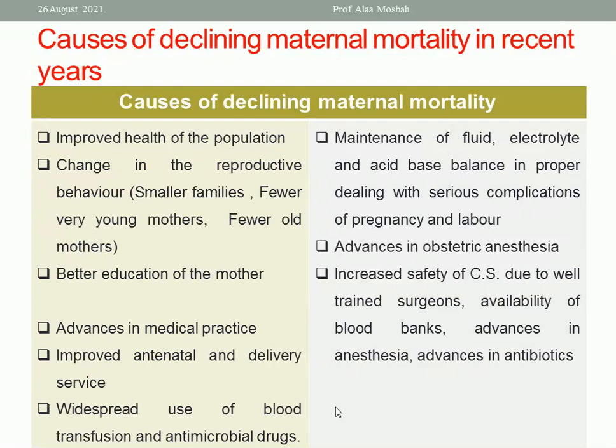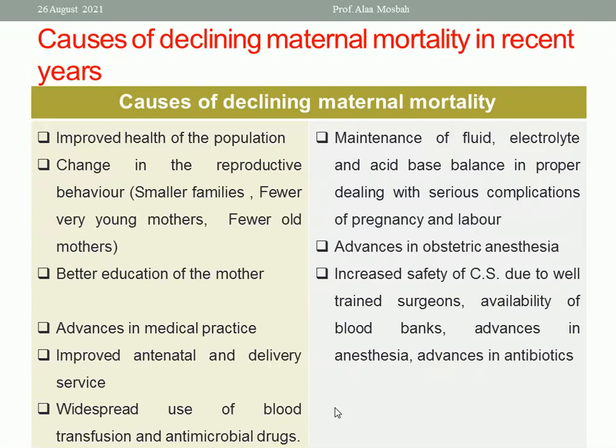Improved health of the population, change in the reproductive behavior, like smaller families, fewer very young mothers because of awareness of the woman nowadays that the marriage and the pregnancy should happen at a certain time, not in too young adolescent age.